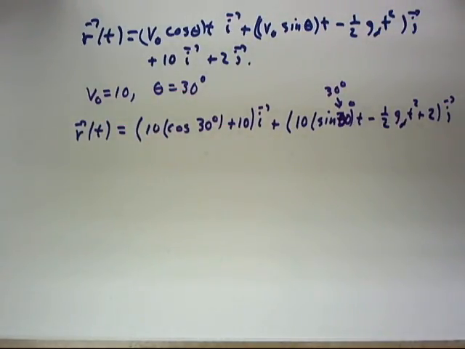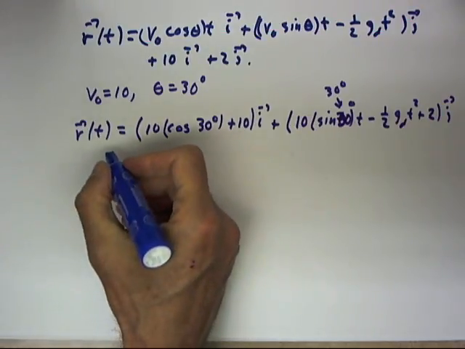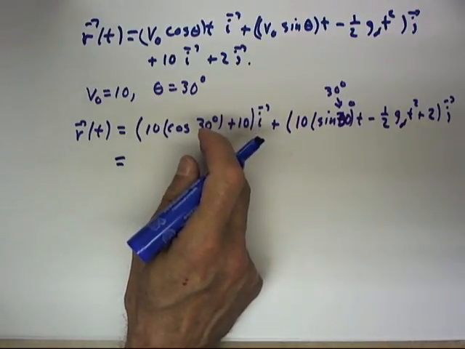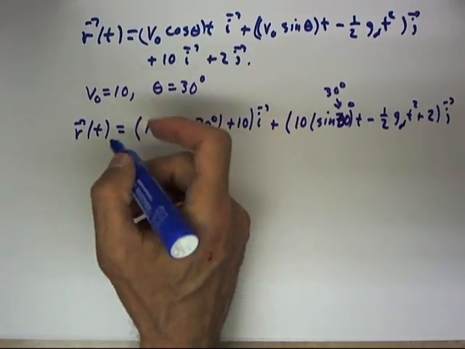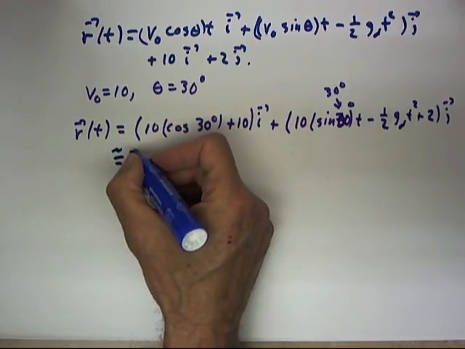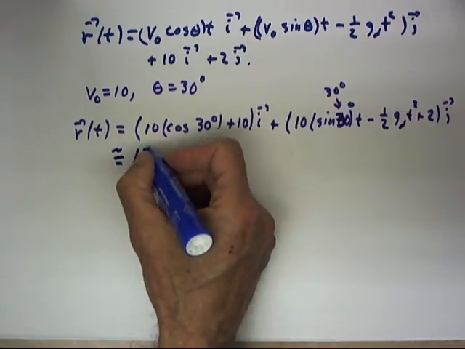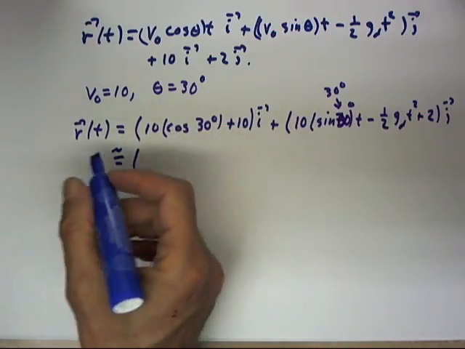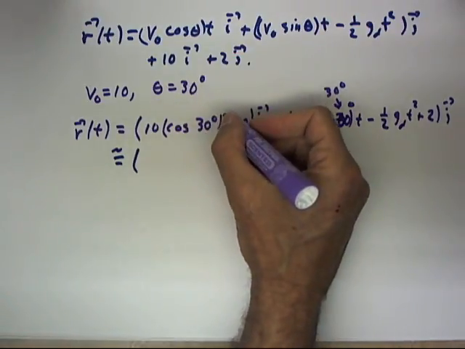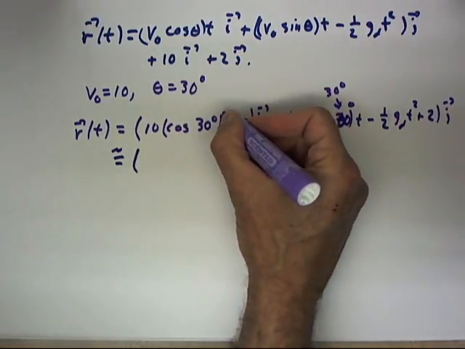Now, the cosine of 30 degrees is square root of 3 divided by 2. That's approximately 8.7, and I'm going to use the approximation since nothing we did with the actual projectile was perfect. There's no point in making these numbers perfect, except I do want to go ahead and insert my t here.